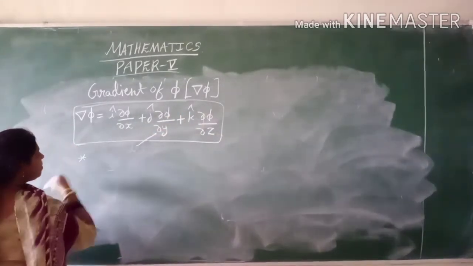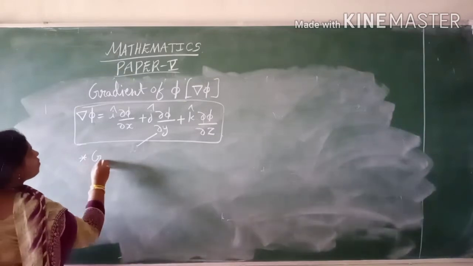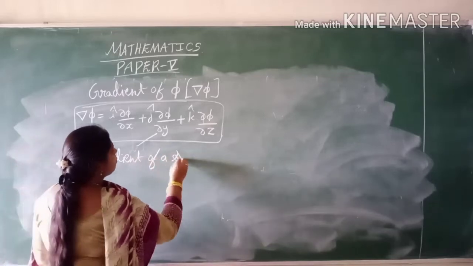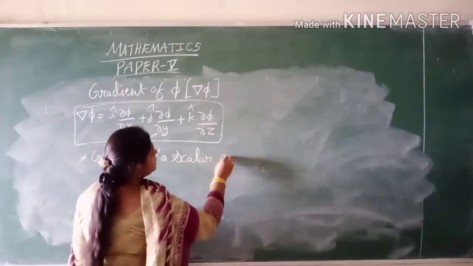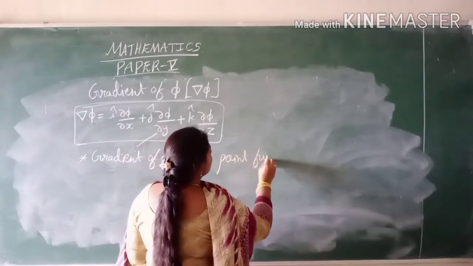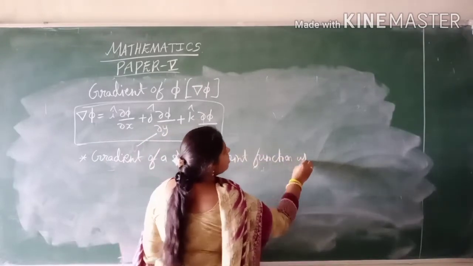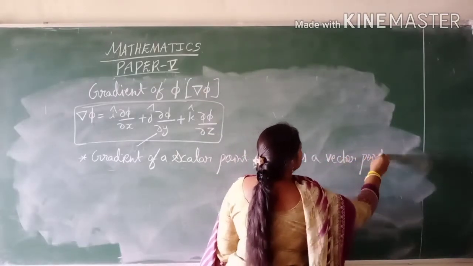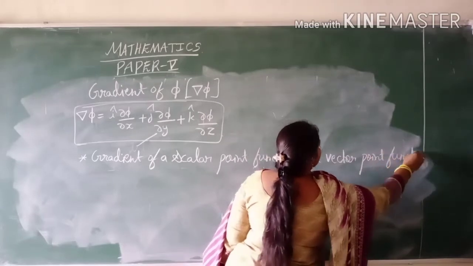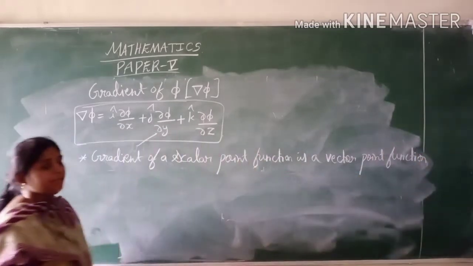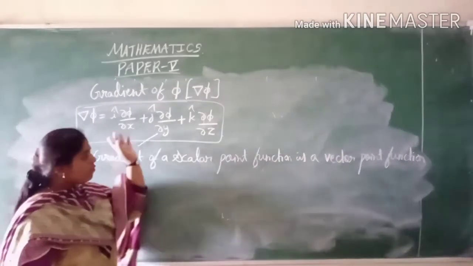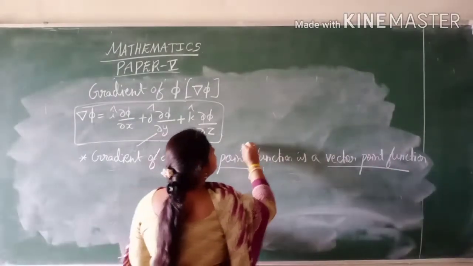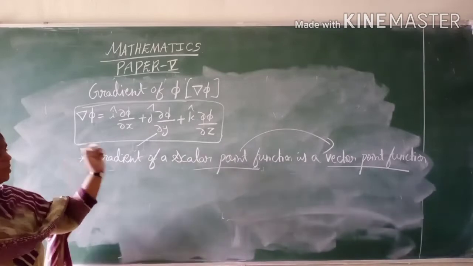First, remember: the gradient of a scalar point function is a vector point function. That means after applying the gradient on the scalar, we will get the vector function.